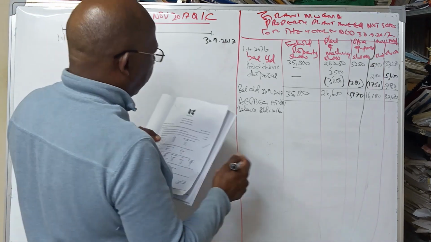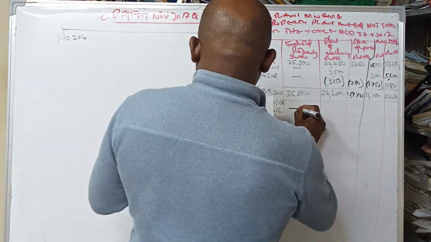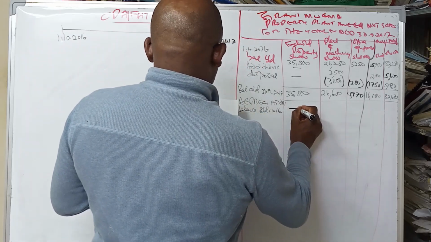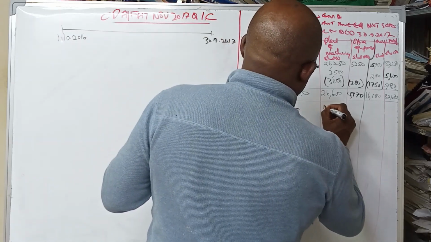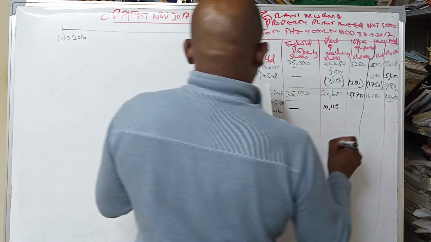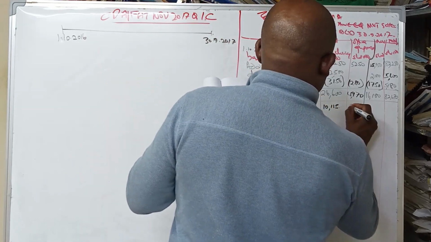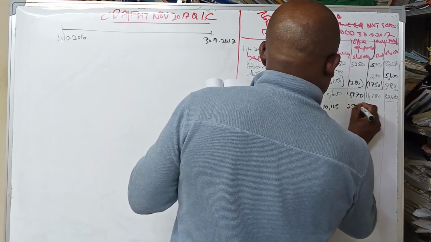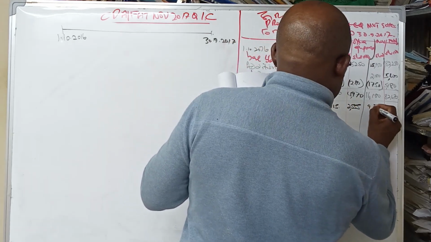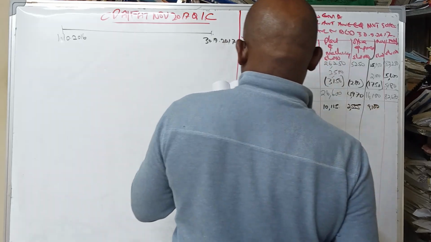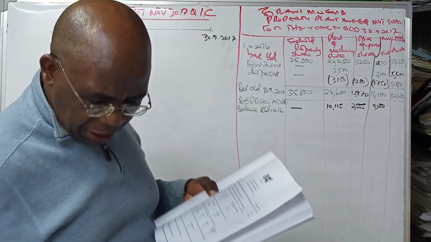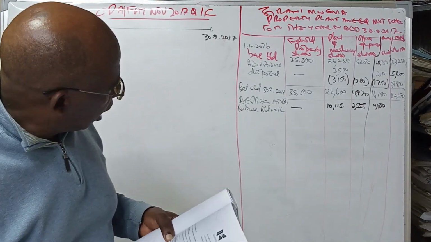You are told freehold property has nothing, but plant and machinery is 10,115, and 9,100 for motor vehicles. So that's the opening accumulated depreciation for each of those assets.